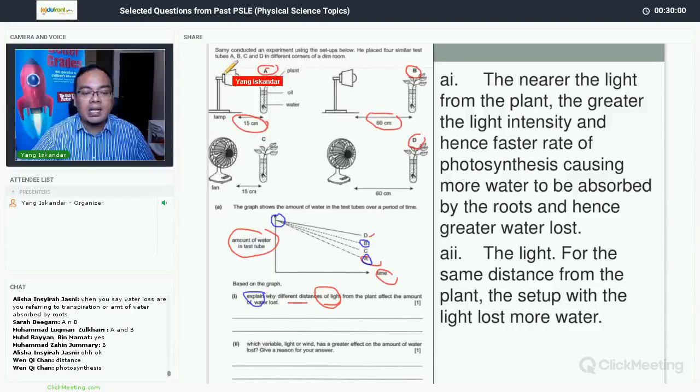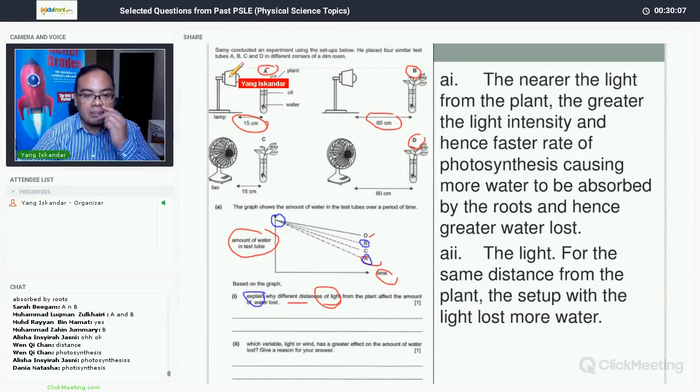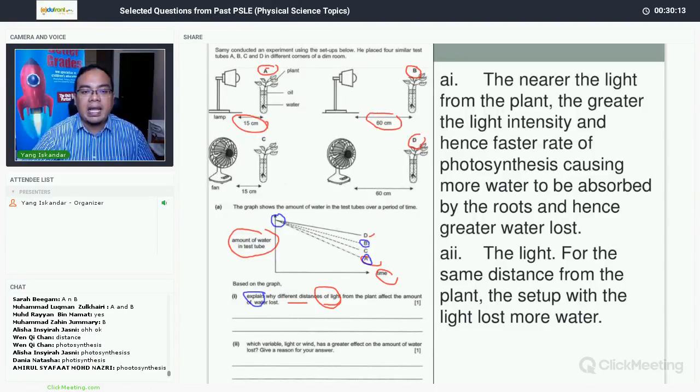When we talk about light, straight away we recall that this is the topic on photosynthesis. Let's recall photosynthesis. Plants take in carbon dioxide and take in water from the roots, and with the light energy, it makes food.